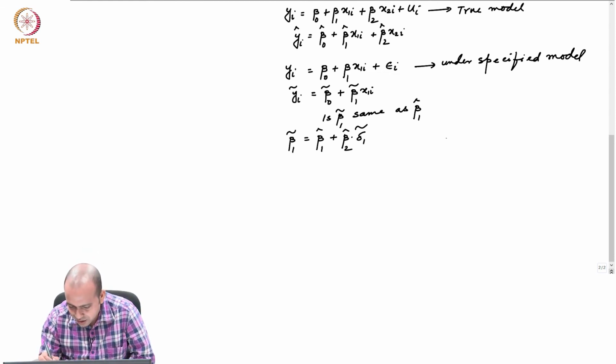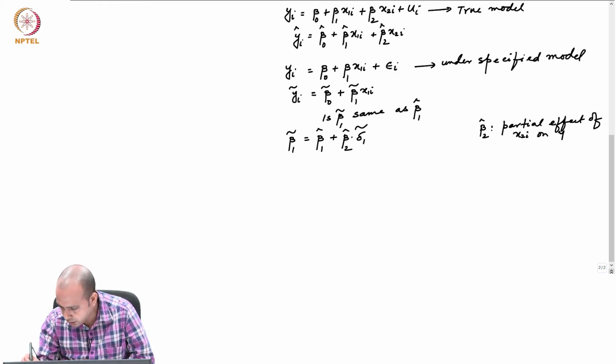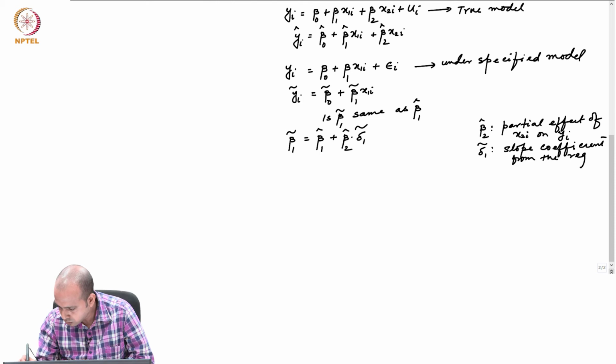And what is beta 2 hat? Here beta 2 hat is the partial effect of x2i on yi, and delta 1 tilde is the slope coefficient from the regression of x2i on x1i.